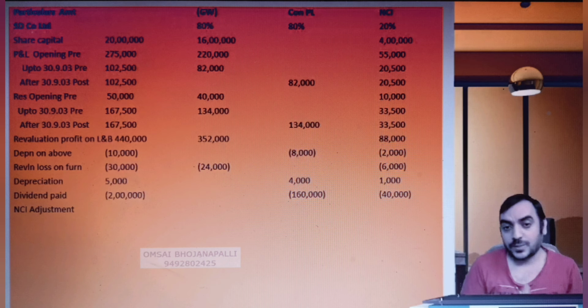Date of acquisition, 30th of September 2003. Date of dividend payment, 15th October 2003.